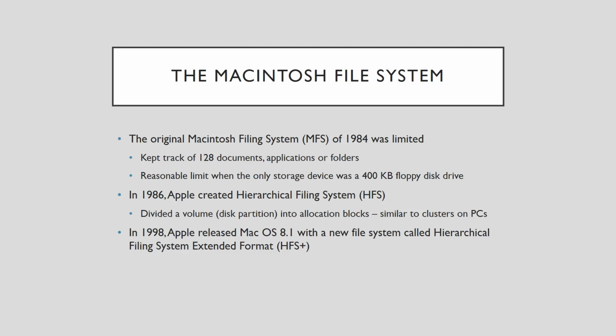Volume is the Mac term for a disk or disk partition. On personal computer systems, these units are called clusters or allocation units. On the Mac, they are called allocation blocks, but the principle is the same.